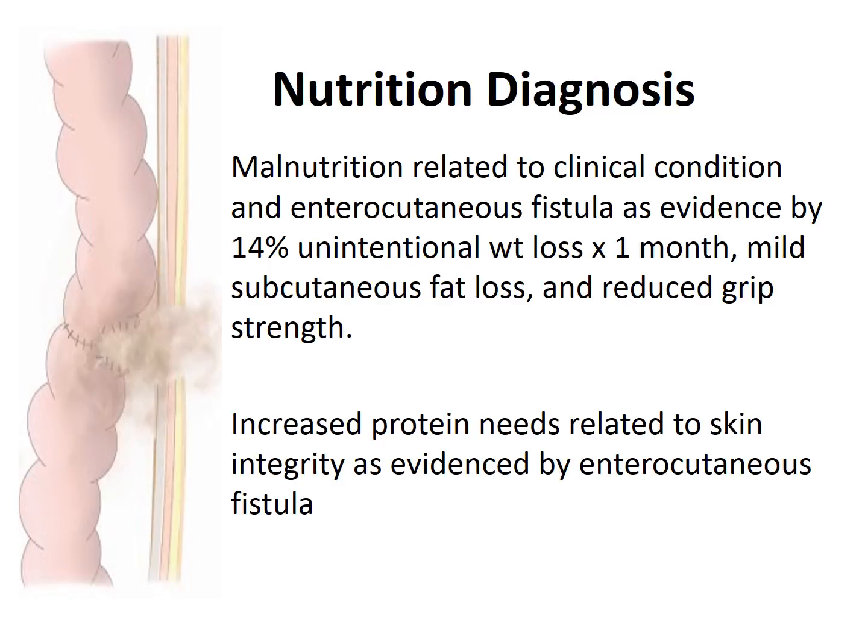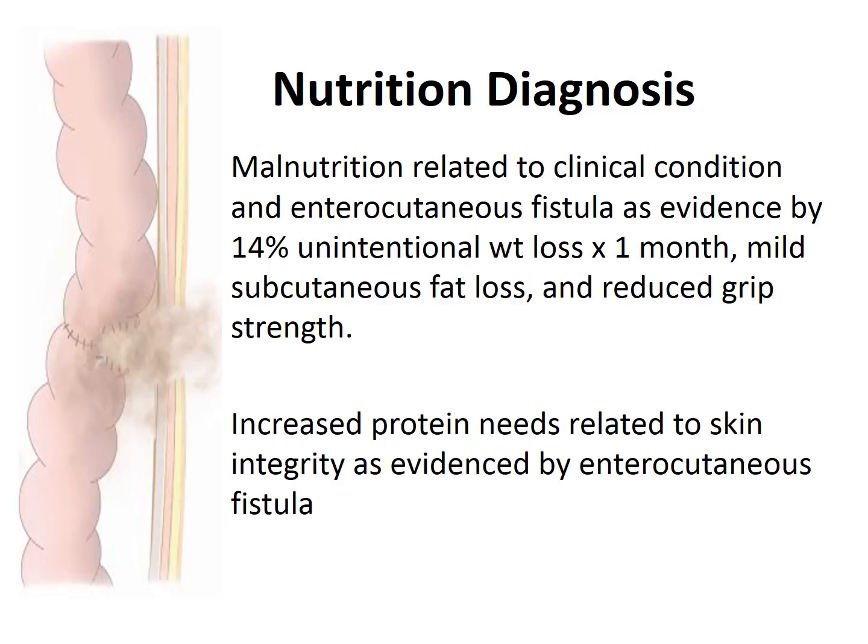So next we move on into the nutrition diagnosis with this patient. The diagnosis that was used was malnutrition related to clinical condition, or more specifically to that enterocutaneous fistula. And this was evidenced by a 14% unintentional weight loss.